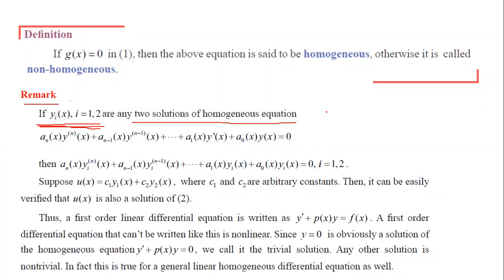For example, if one equation is there, x squared plus 3x plus 2 equals 0, it is a second order equation.